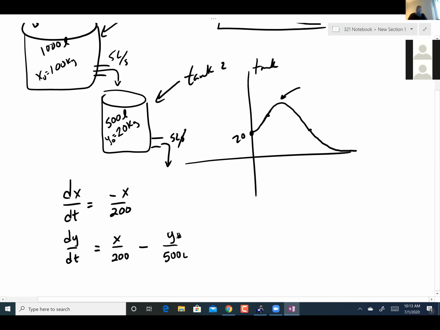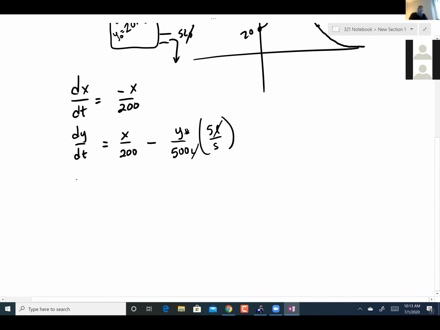So I'm going to multiply that by, it's going out at 5 liters per second. Again, these cancel off. And what are you left with? You're left with 5y over 500. So I'll go ahead and write that out. Because whatever was going out of x is coming into y in this case. And then we got this coming out the other end.